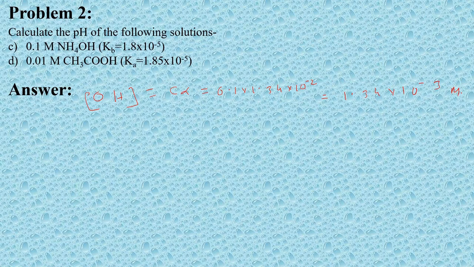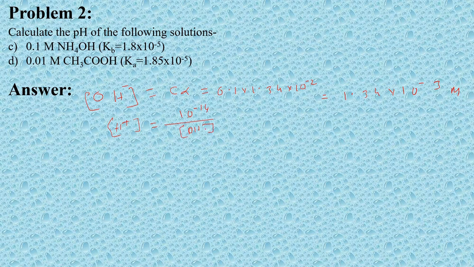If we know the OH minus concentration, by using this formula, H plus into OH minus is equal to 10 to the power minus 14.